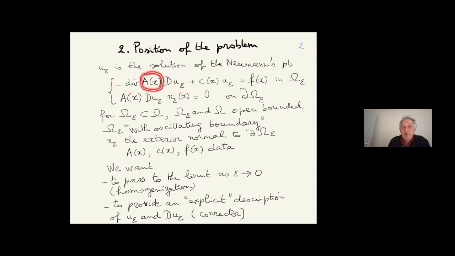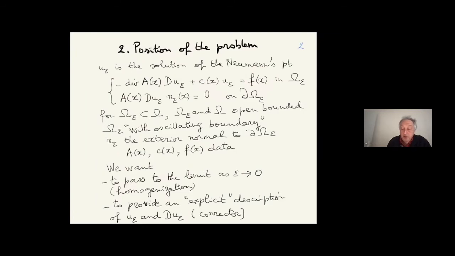So A of x will be an L infinity matrix which is coercive. So this is a generalization of minus delta. C of x will be a coefficient bounded in L infinity and bounded from below by a strictly positive constant. So you can think about C of x equals 1, and F will be in L2.